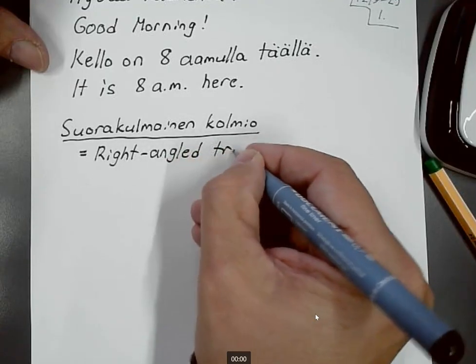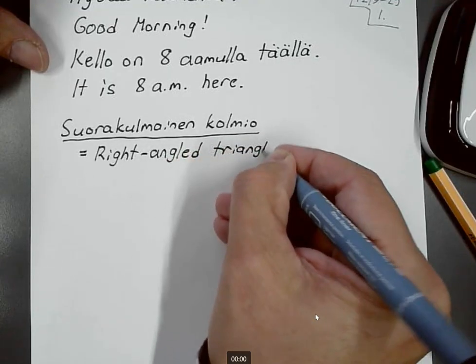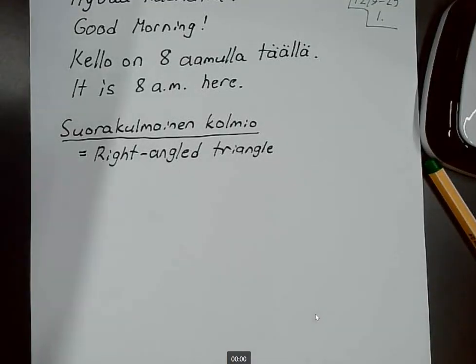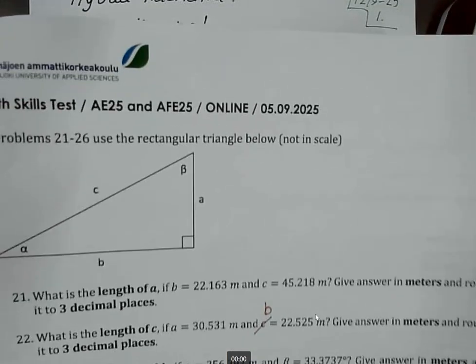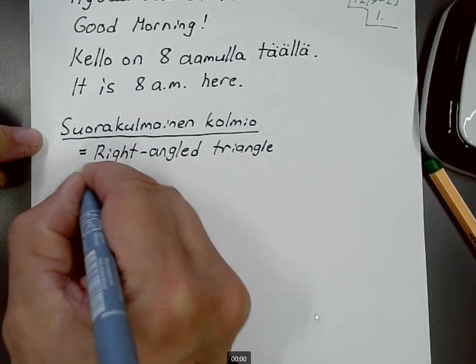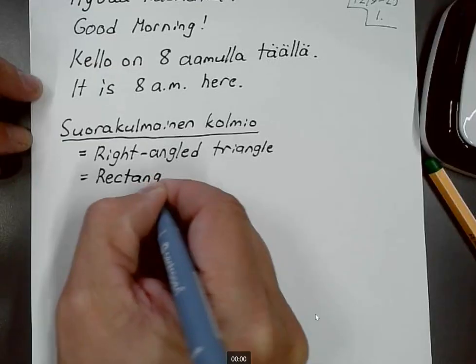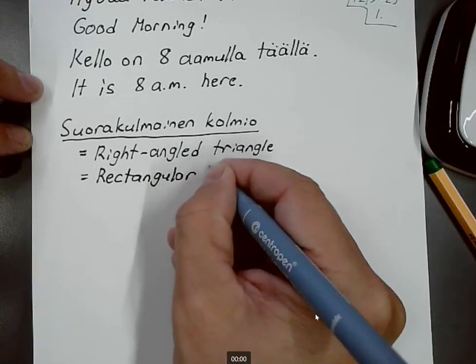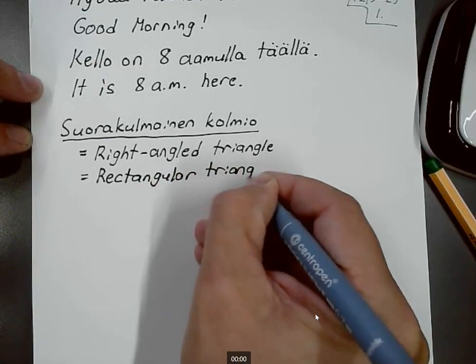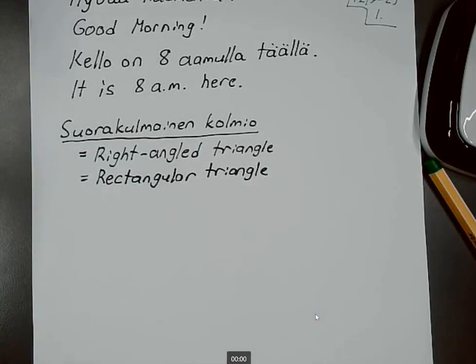Right-angled triangle, or as I wrote in this test, rectangular triangle. Probably there are also more names for this triangle, but I think these are most common.